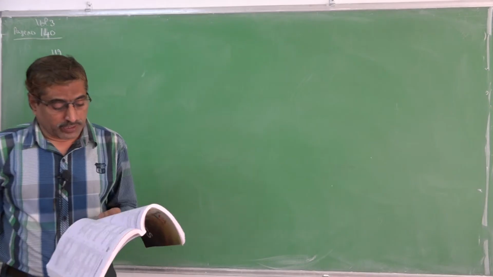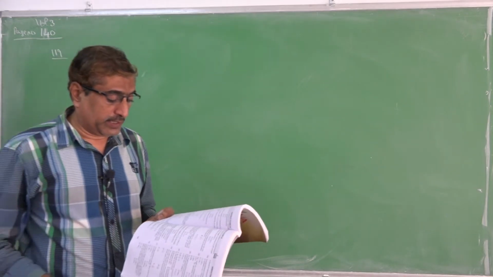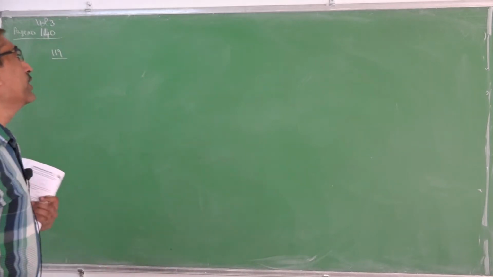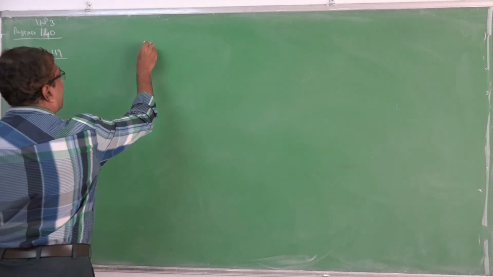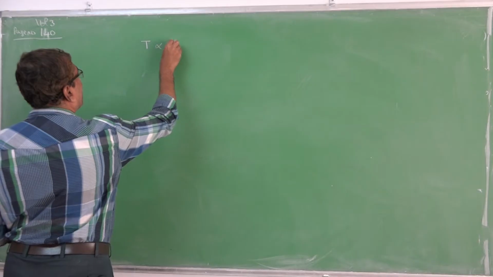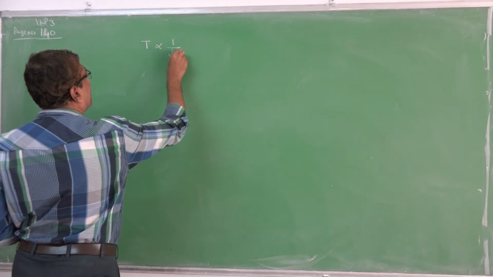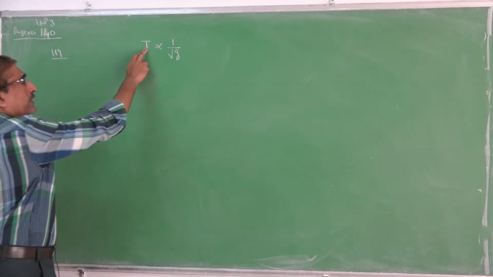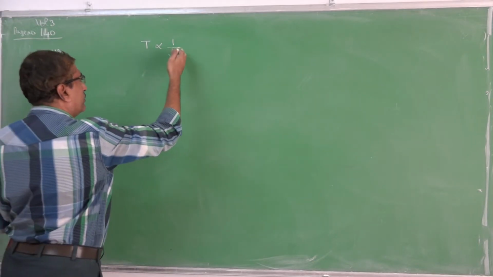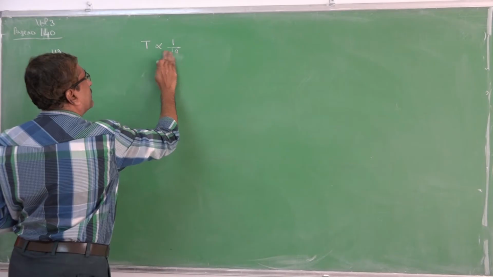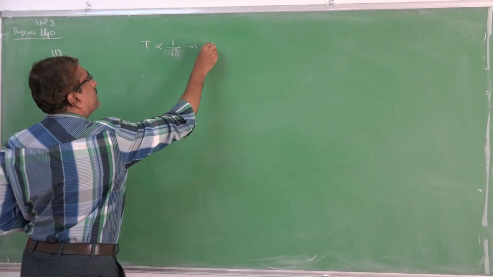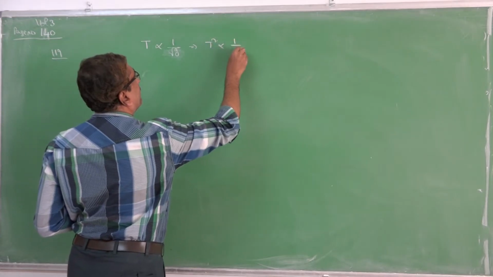As we know, the time period of a simple pendulum is inversely proportional to root g, taking length as constant. T is inversely proportional to root g, or we can write it like this also: T square is proportional to 1 by g.